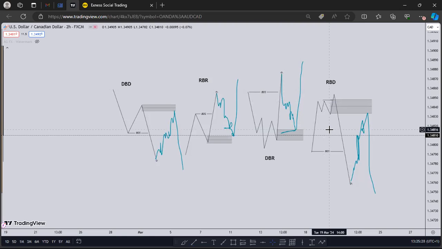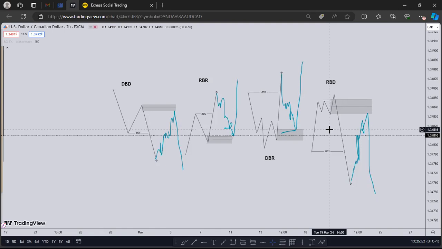So yeah, these are the four major types of supply and demand that often happen in the markets, and how you trade supply and demand. You always trade your supply and demand off of a certain base. And the concept of trading supply and demand, like I told you guys, is in the PDF.